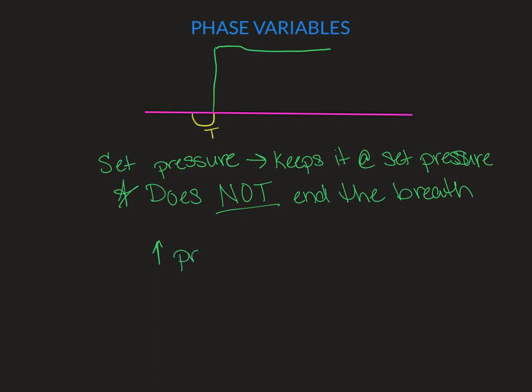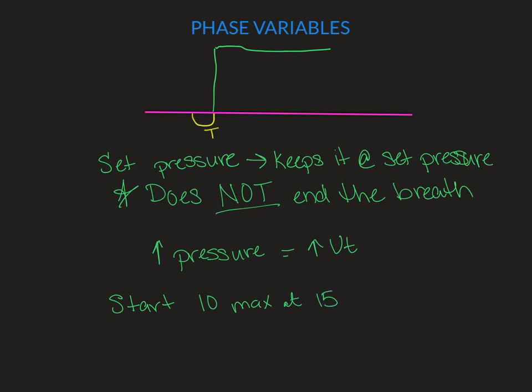If we increase pressure, it will typically increase the patient's volume that is given. An increase in pressure will equal an increase in tidal volume. So we want to start with 10 and then max at 15.